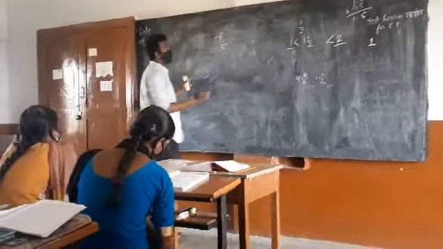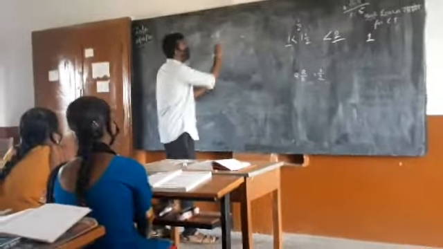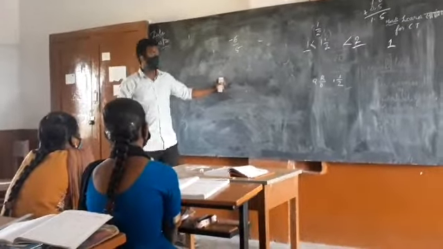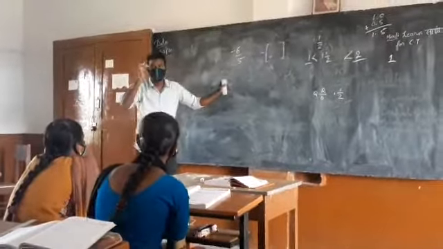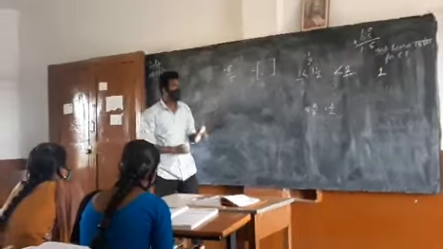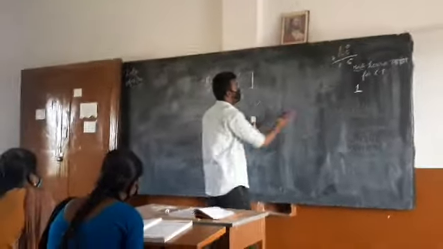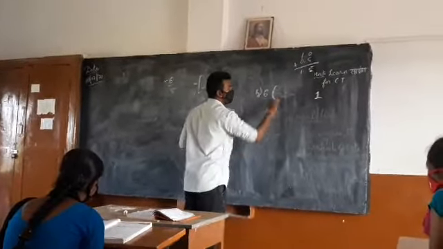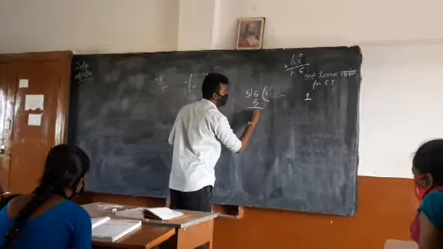How? Just forget for a while that it is a negative number and convert 6 by 5 into a mixed fraction. Keep the negative sign aside, do the division and convert that into a mixed fraction. 5 ones are 5, remainder 1.